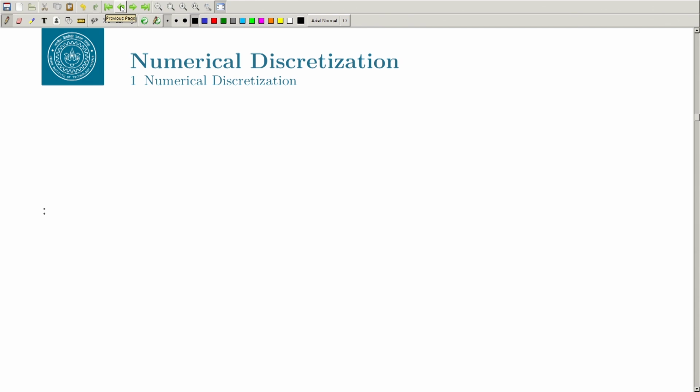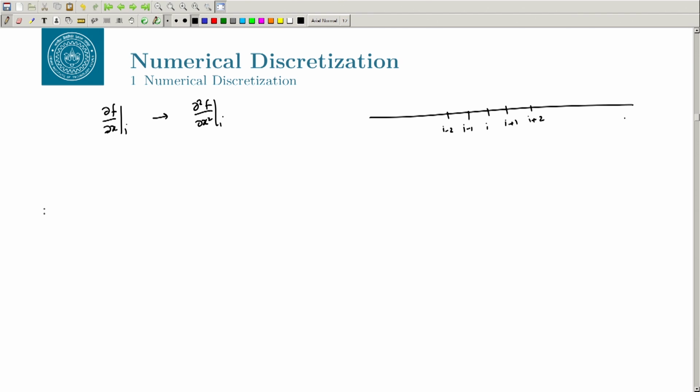Now, in the last class we calculated del f by del x at i, but as we discussed we also need to find del 2 f by del x square, and ideally you can find any order derivative using your Taylor series method. If you use the same discretization, i plus 1 and i minus 1, right now we are only using the uniform mesh.